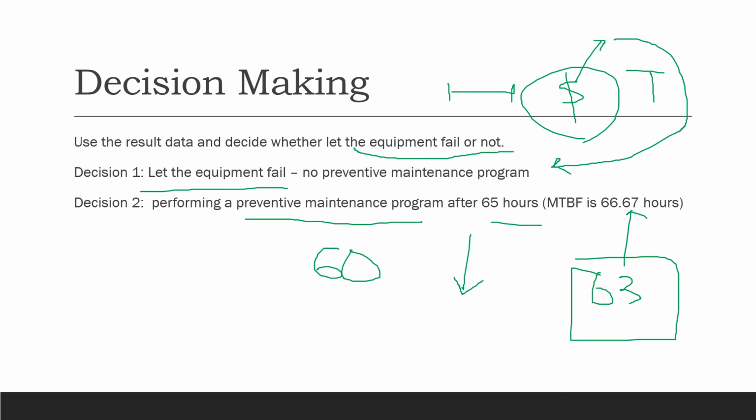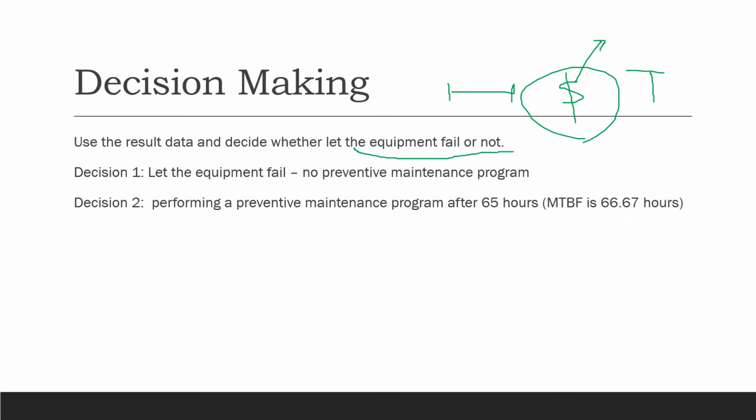So if you're a better management, I'm going to cut it off at 60 hours of operation and perform the preventive maintenance program every 60 hours of operation. Preventive maintenance is nothing but you go and check the system and then you replace anything that is worn out with new components so that your system keeps going without failing. That's the way we make the decision.